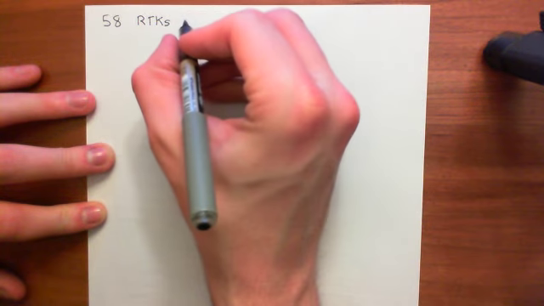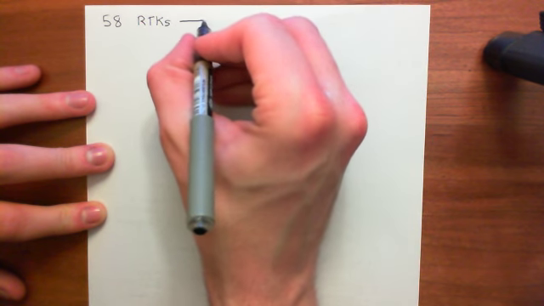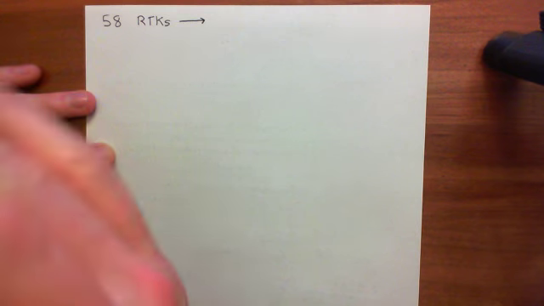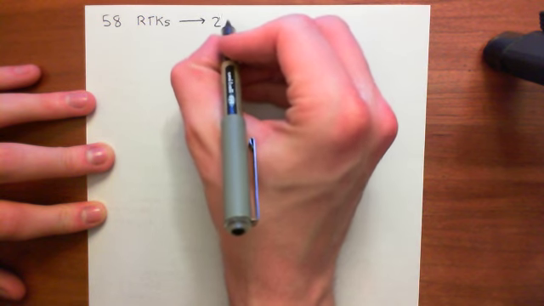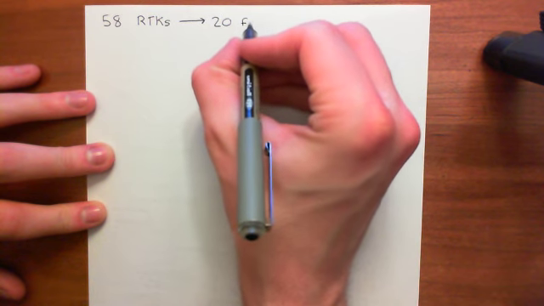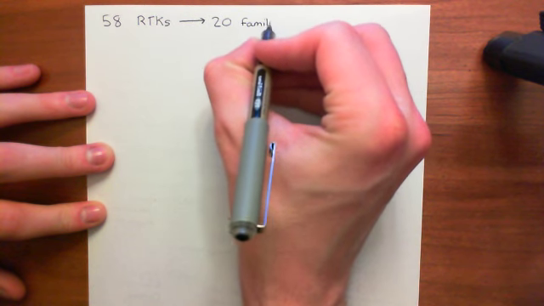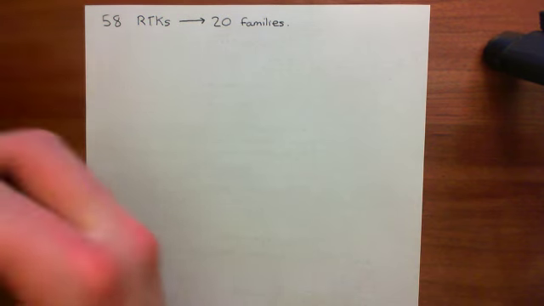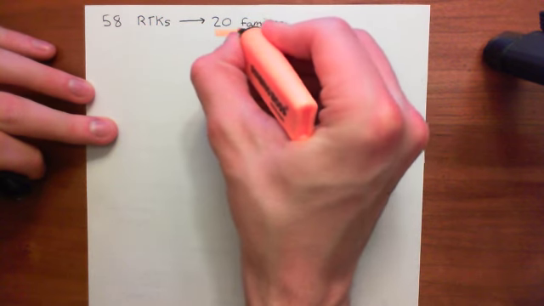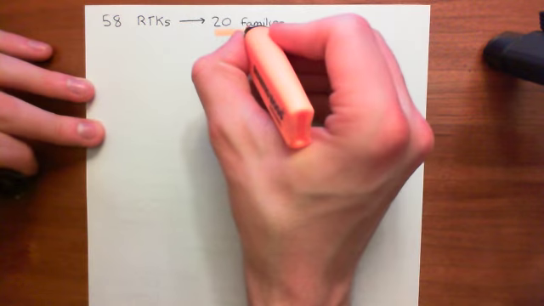Now unfortunately, whereas G protein coupled receptors are grouped into 5 families, receptor tyrosine kinases are grouped into 20 families. Which means that I can't go through every single family, because we'd be here for a very long time going through all 20.